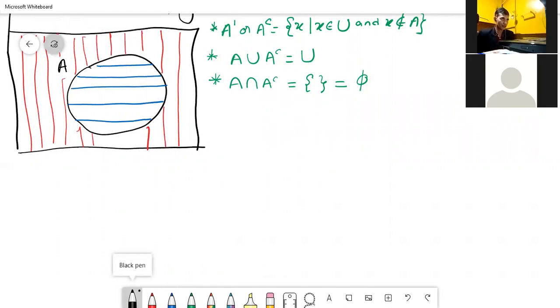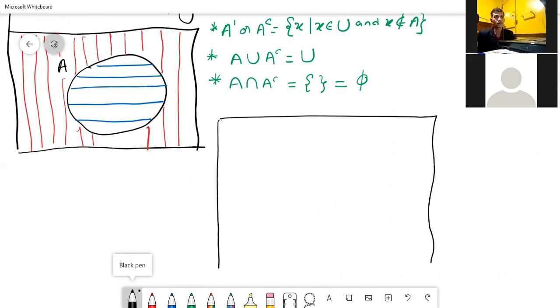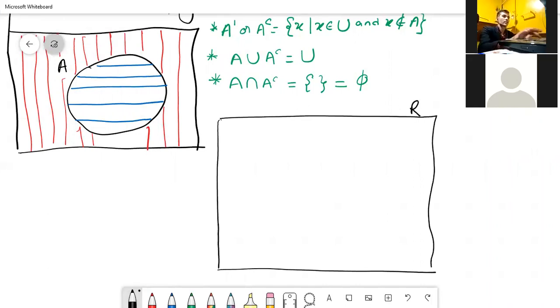First, real numbers are the universal set, so I will draw one rectangular box. Real numbers are denoted with the letter R. Now see what all will be there in real numbers. We'll see one by one.